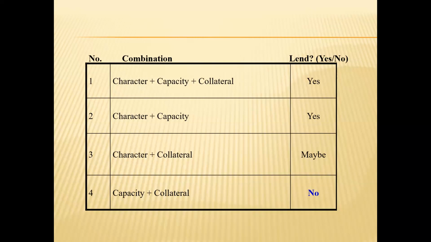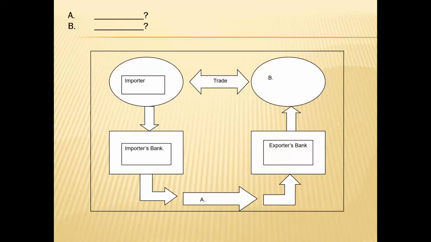Alrighty, so let's look at a final chart. This is the letter of credit or documentary credit. We have the importer does trade with B. B is the exporter.